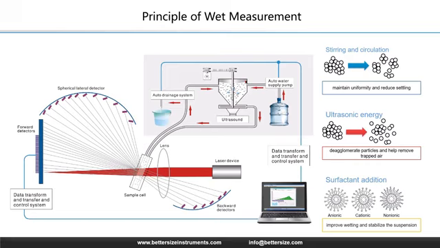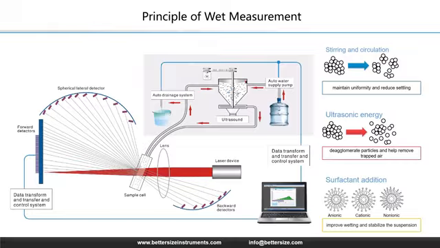Second, van der Waals force. Fine particles inevitably cluster into agglomerates. We inject ultrasonic energy directly into the tank using cavitation to shatter these clusters and drive out trapped air bubbles that would distort the data.